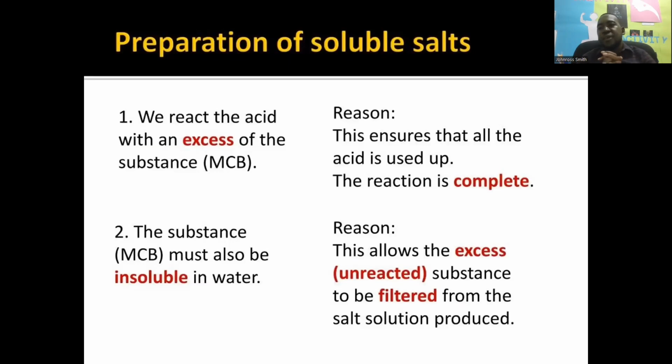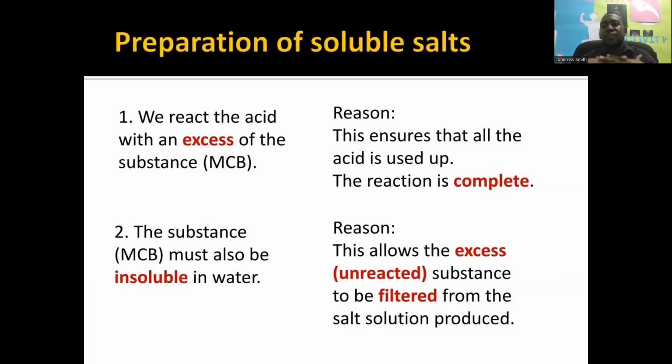Now, how do we prepare soluble salts? We prepare soluble salts by reacting the acid with an excess of a substance. This is to ensure that all the acid has been used up. So we react an acid with an excess metal, an excess carbonate, or an excess base.